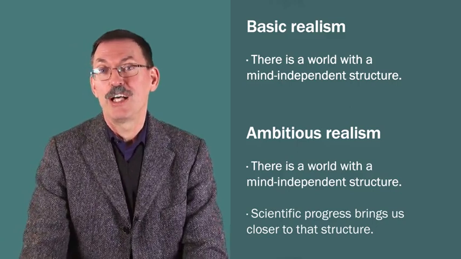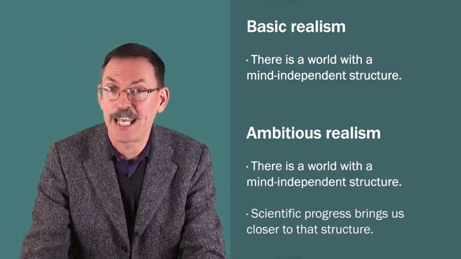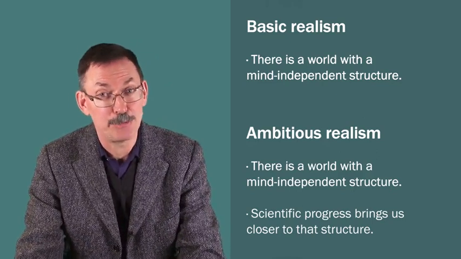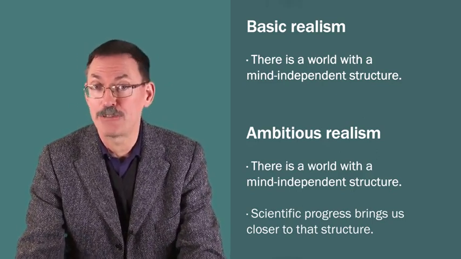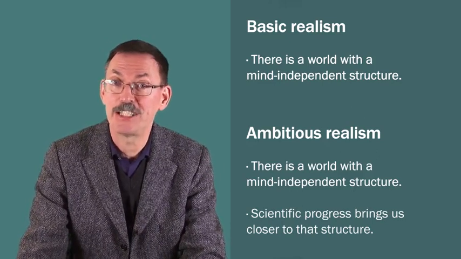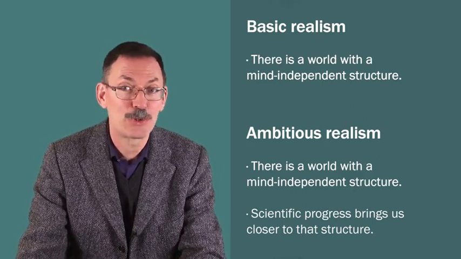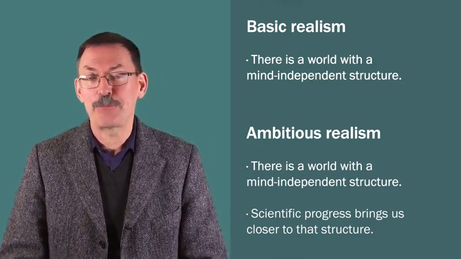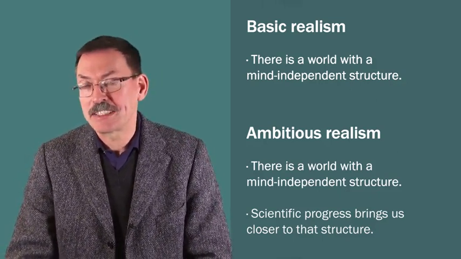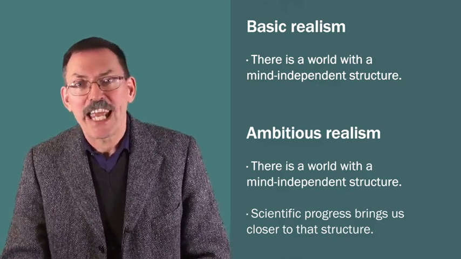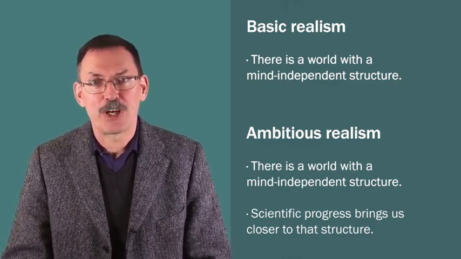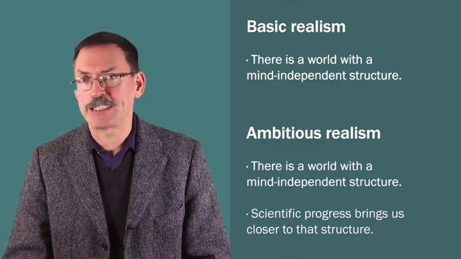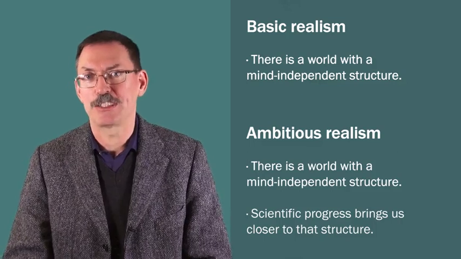Most of them, though, are not realists in the ambitious realist sense. Strictly speaking, you could be a relativist and even be a scientific realist. You could accept that in some way or form reality has a structure independent of us, and that in some sense we get a better handle on some aspects of that structure, while still accepting the kind of studies that the sociology of scientific knowledge does.